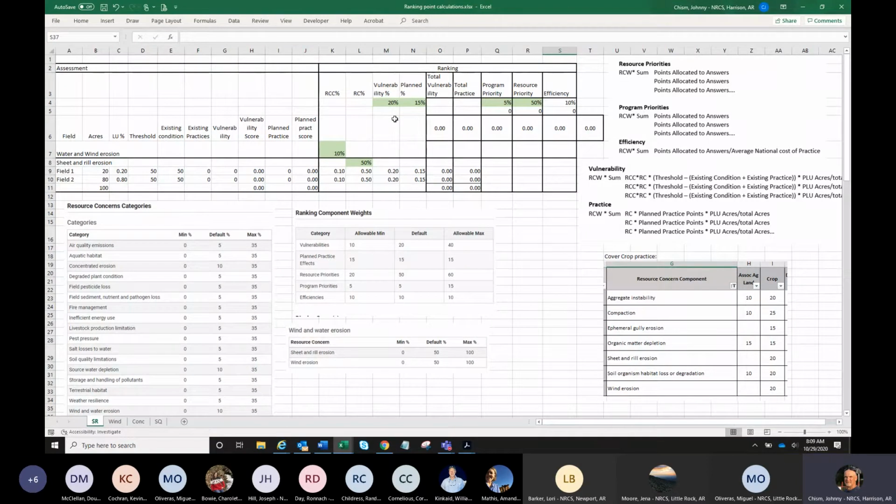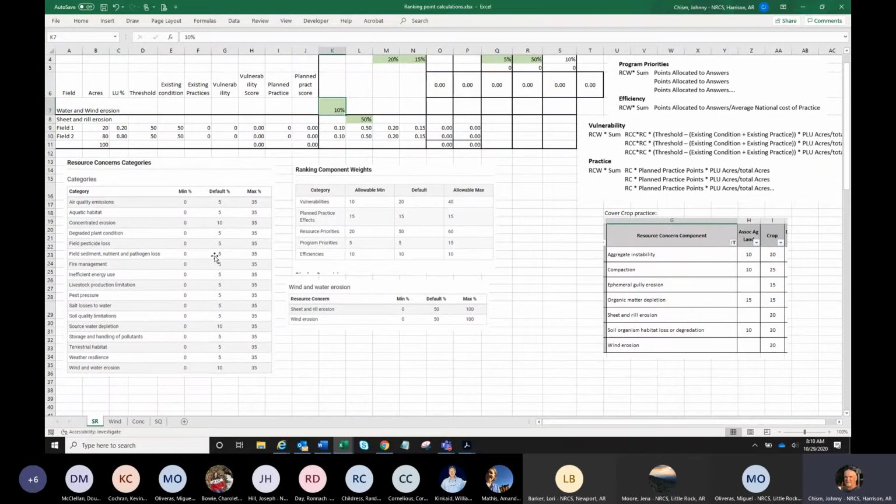Before I go any further, I just want to show you that this part over here is the assessment. This is basically what happens in the assessment part of CART, and this is what happens in the ranking part of CART. If you look at all the different percentages, the resource concern percentages are set here under these resource concern categories. So this 10% is set in the ranking pool as 10% for water and wind erosion.